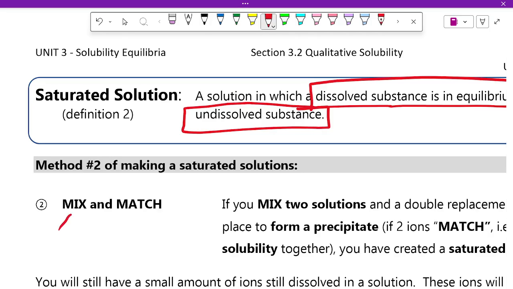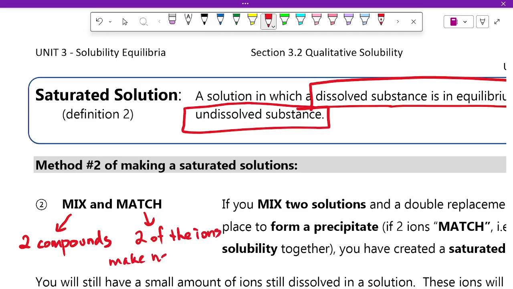So you mix two compounds, and you match two of the ions, and they make a new compound. That new compound is the precipitate. So two of the ions match together and make a precipitate.